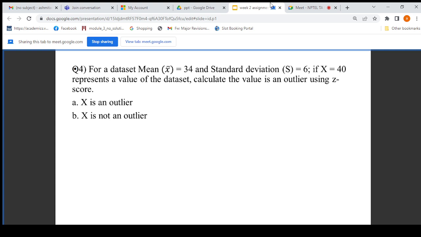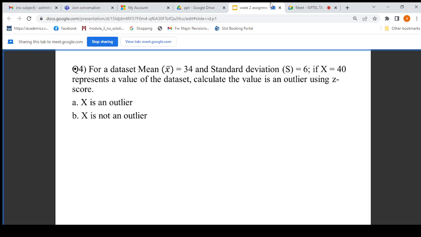Ma'am, please repeat the last sentence. Okay, so you have a data set and you have a value.